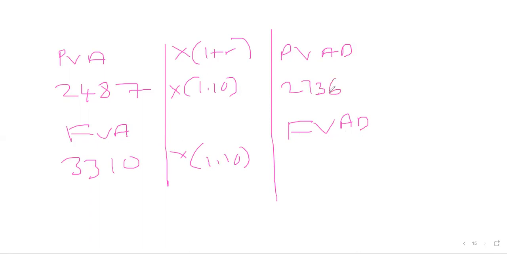And here, 33.10 times 1.10, we're going to get 36.41. So these ones are called annuity due.